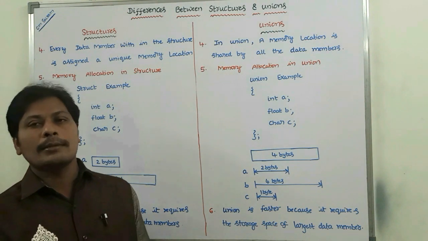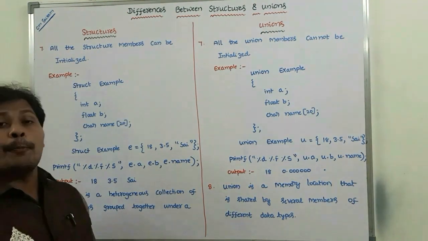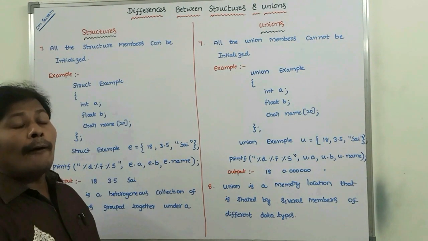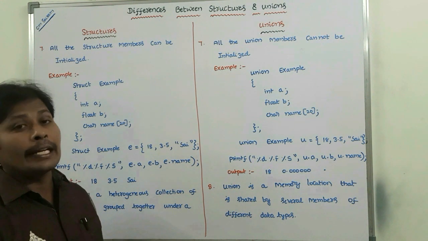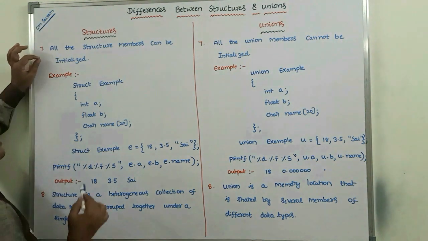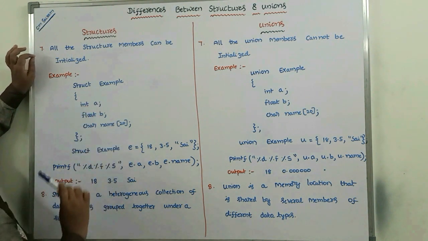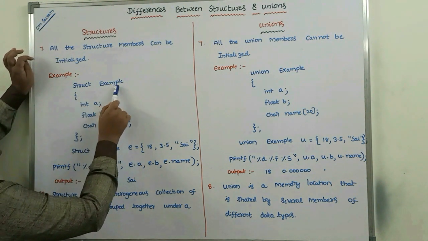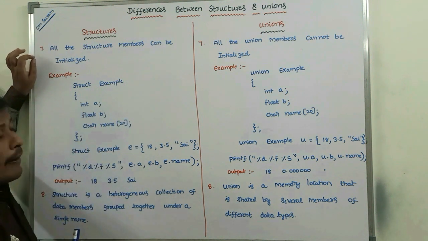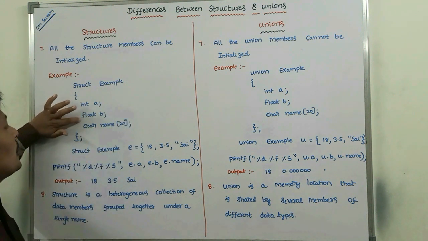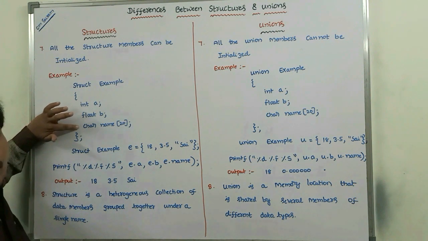Next point is all the structure members can be initialized at a time. Consider this example, struct example. There are three data members: int A, float B, char name of 20.